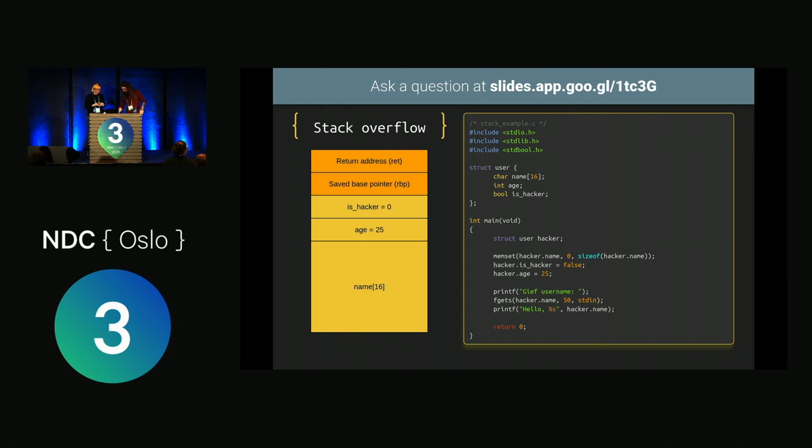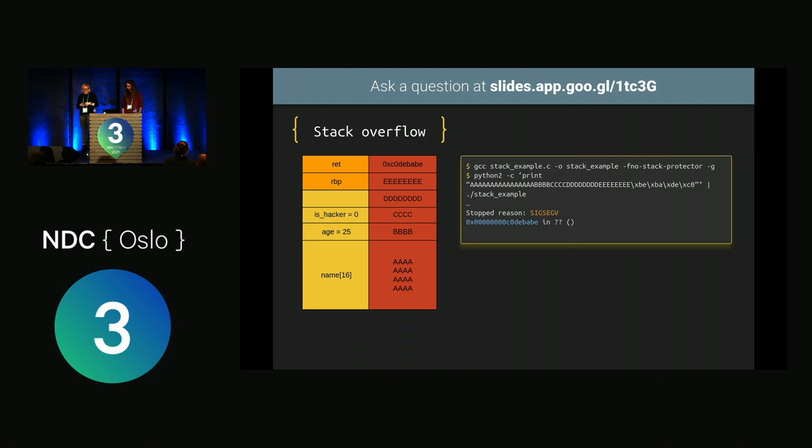Yeah, chocolate for you. So what she said is that we allow reading more bytes than we have space for in the name. So when we store whatever is written in standard in, we overwrite on the stack up to the return address, and we can overwrite the return address.